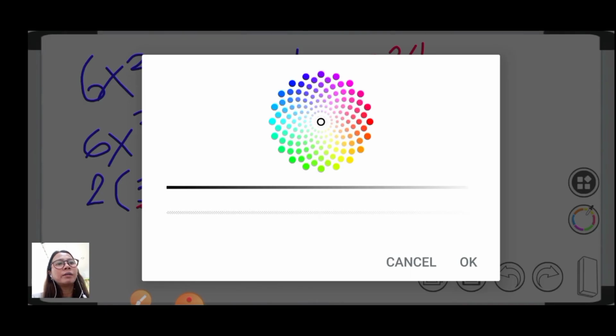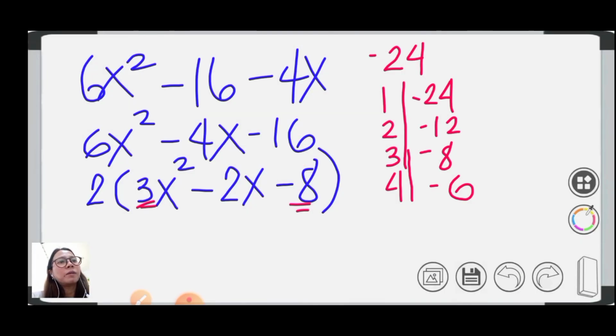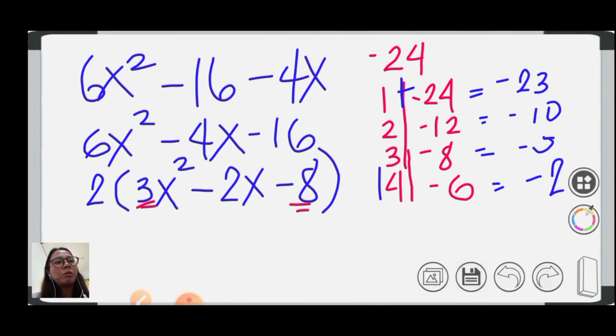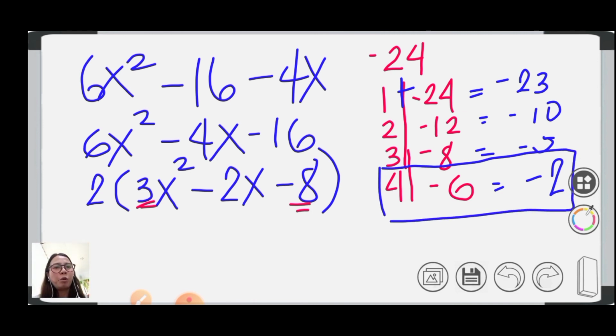Let us add. If we add these, that is negative 23. This one is negative 10. This is negative 5. And this is negative 2. So we will be using this. We will be using 4 and negative 6 to rename the middle term, which is negative 2x.